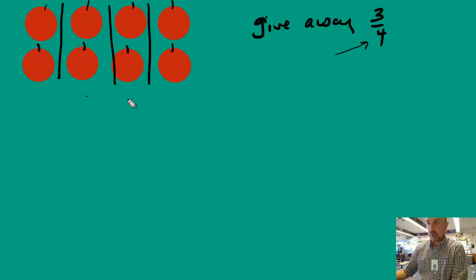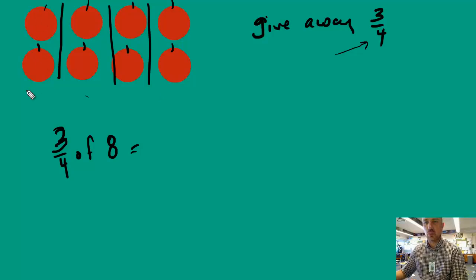So 3/4 of my apples, which I had 8, 3/4 of my 8 apples equals what? Well, let's look at it. 1/4 here. This is 1/4. And this would be another 4th. And this would be another 4th. And this would be another 4th. So each one of those are 4ths, right?